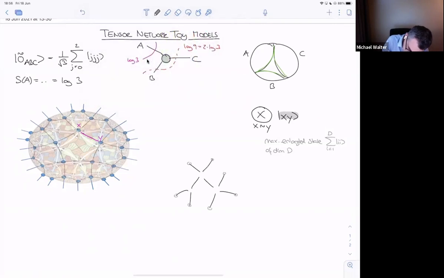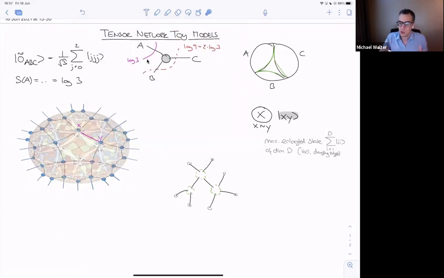These are subsystems of the state because they include the dangling legs, so I'm going to write this down: including dangling edges or legs. And then there are more subsystems: this subsystem here, that subsystem, that subsystem. These are all the subsystems where half of these maximally entangled states end, and those correspond one-to-one with the tensors and with the vertices of this graph.